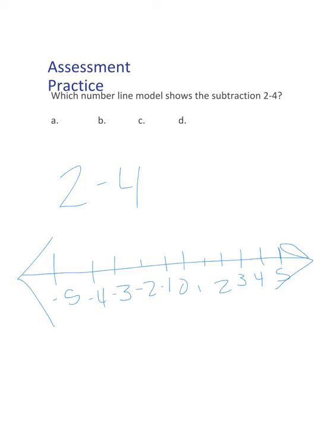Let me change my color so we know what I'm saying. Our first digit is 2, so we have to go to 2 first. It's positive. We always start at 0 and go to our first digit, which is positive 2. Our next step is to look at our second digit.